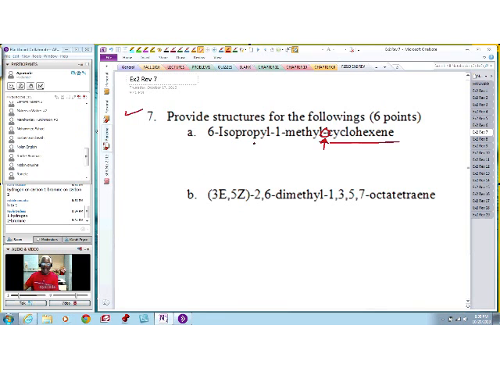So we have 6-isopropyl 1-methyl cyclohexene. The base name is cyclohexene, so we have this. Cyclohexene, we have the double bond here. We say 1-methyl.